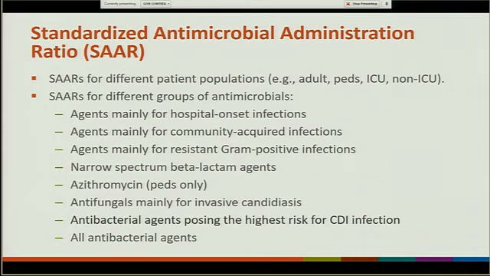As a broad overview, one category is agents mainly used for hospital-onset infections, an example being piperacillin-tazobactam. Agents mainly used for community-acquired infections include ceftriaxone. Agents mainly for resistant gram-positive infections would classically be vanco. Narrow-spectrum beta-lactam agents could include nafcillin and oxacillin.